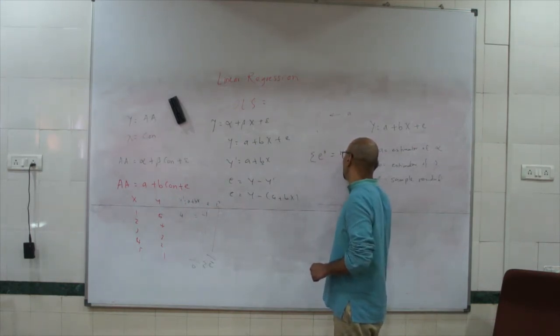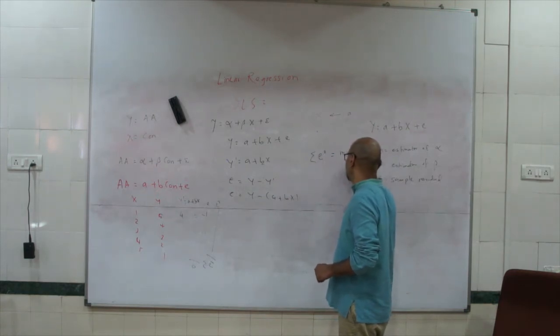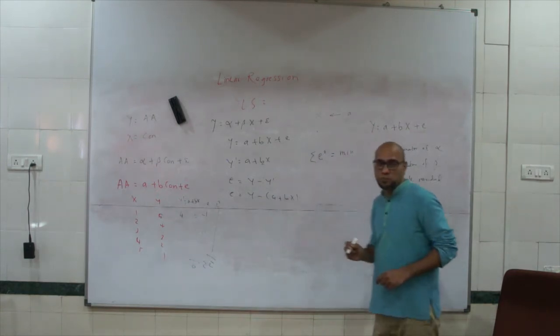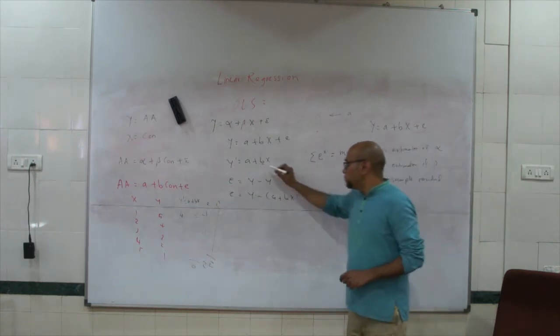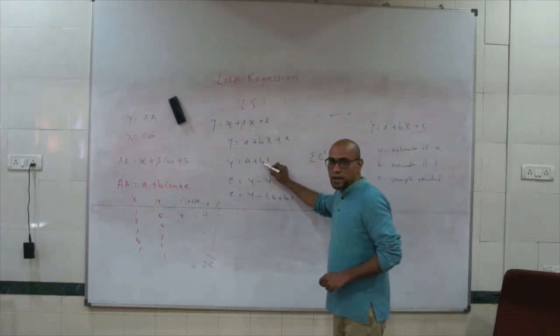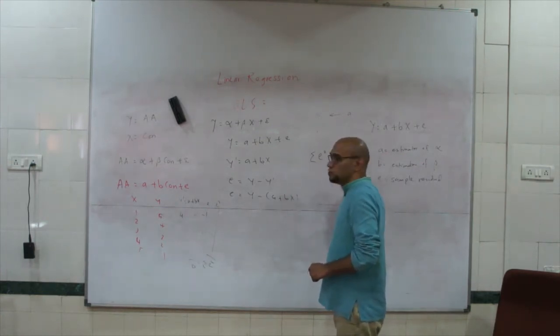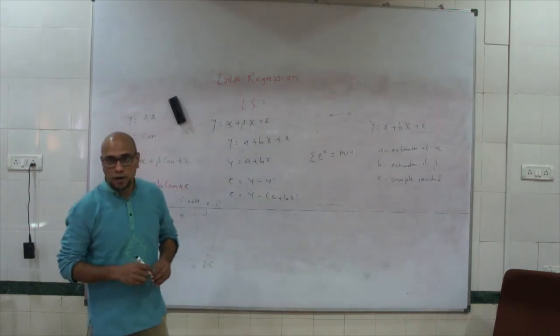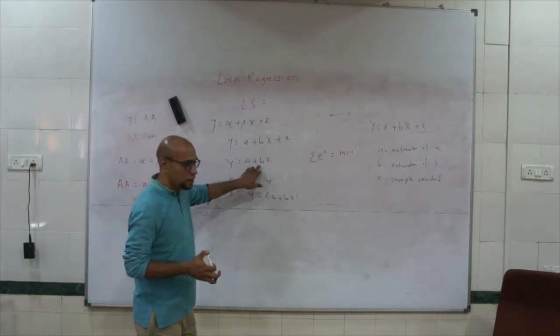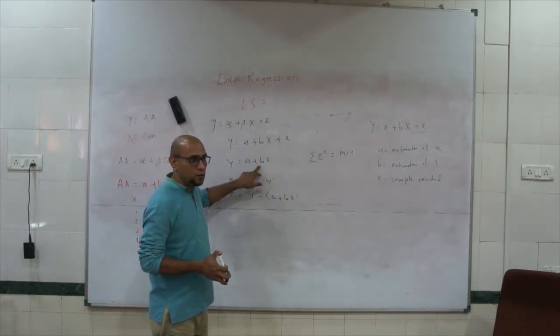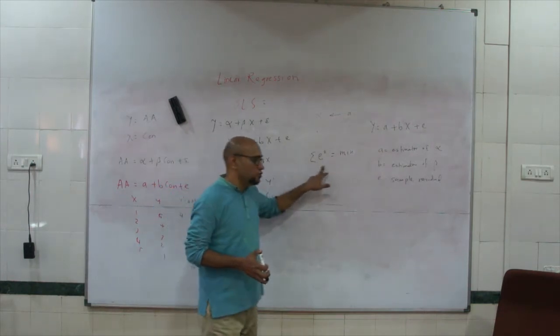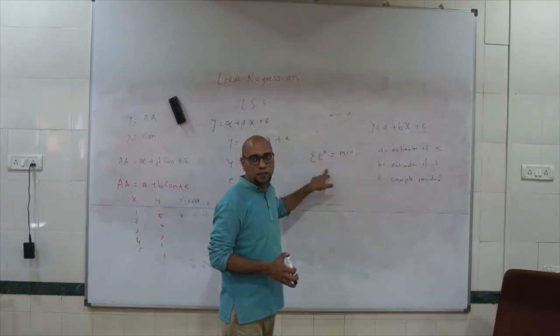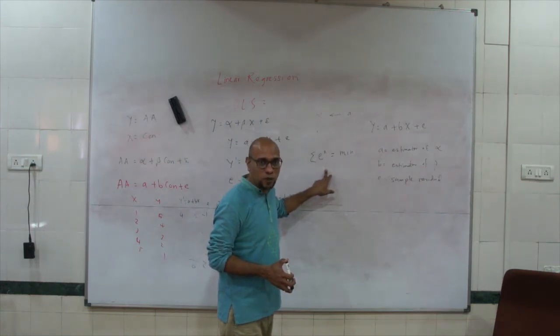The sigma E square is minimum. So B is that value for which sigma E square is the smallest value. If you put any other value other than the value of B estimated by OLS, then the sigma E square will be larger than the sigma E square for this value.